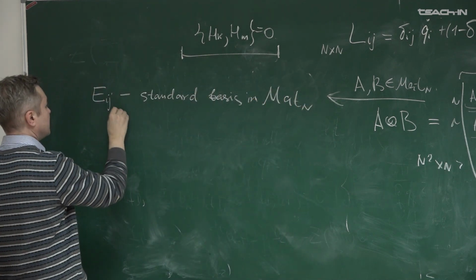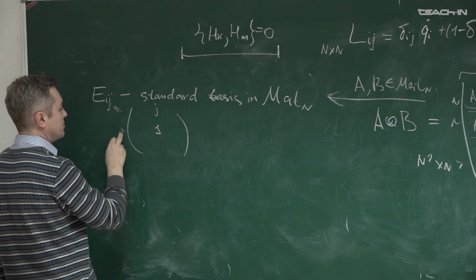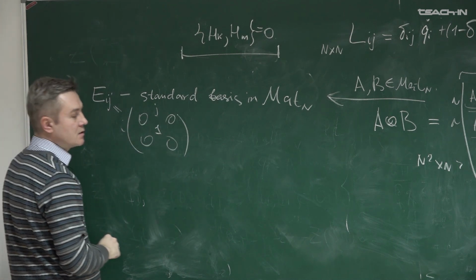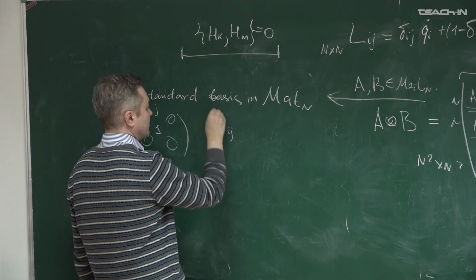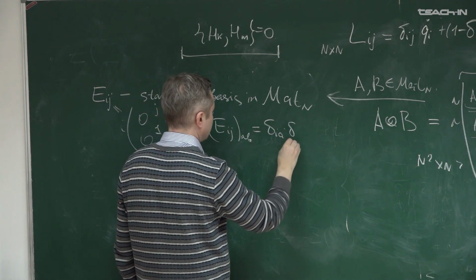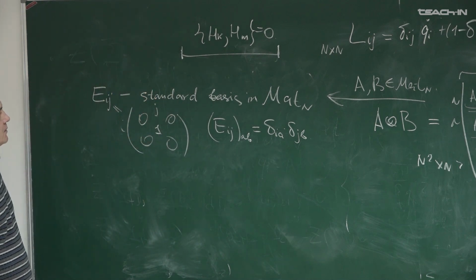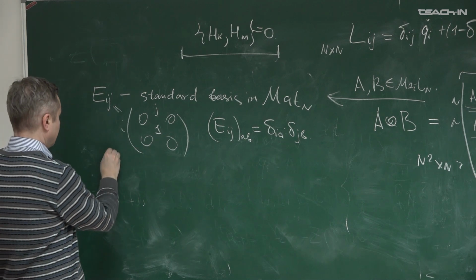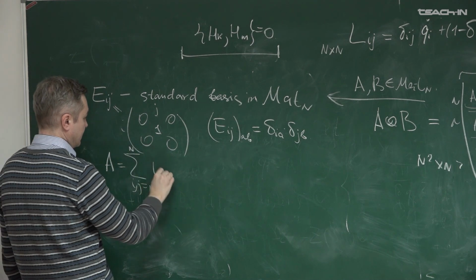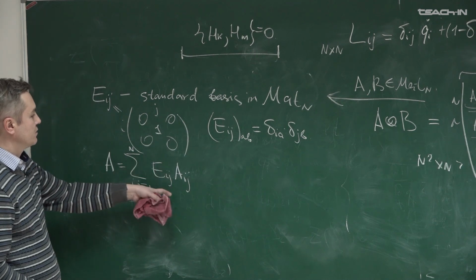It means that E_ij is a matrix which has 1 at position ij and zeros at all other positions, so that the matrix elements for this matrix are given by the product of delta symbols. Now any matrix A is written as the sum of E_ij times A_ij. This is just the definition of matrix elements.